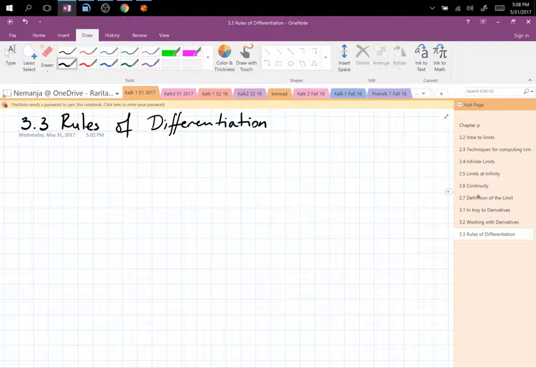So earlier, in the first section of this chapter, we learned how to take derivatives using the limit definition.